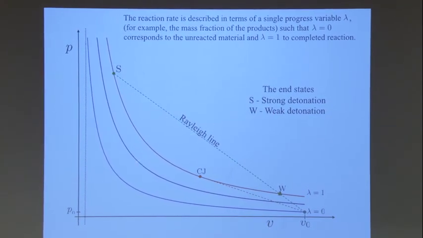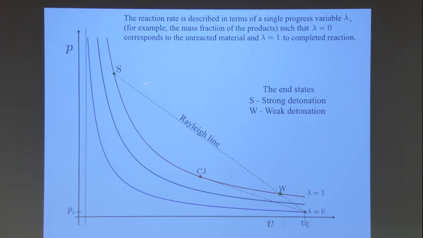But what I have drawn here is 3 Hugoniots. The one that corresponds to lambda equal to 0, the one that goes from the initial state, and then other Hugoniots in the middle, and then lambda equal to 1, which is the last Hugoniot, the Hugoniot where all the mixture is completely consumed.